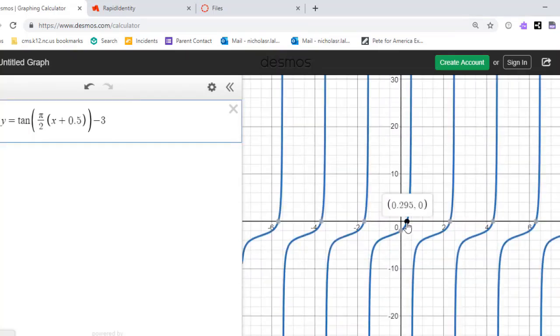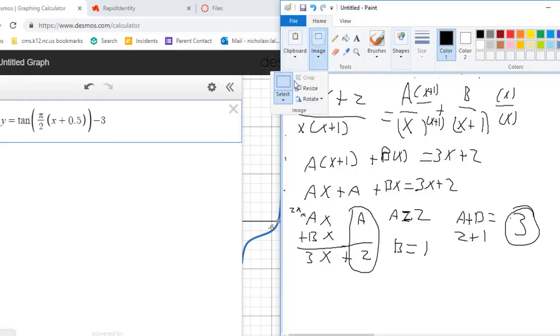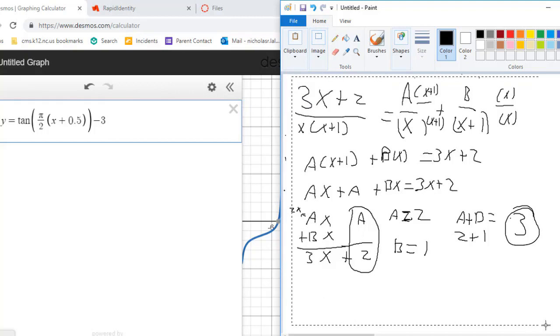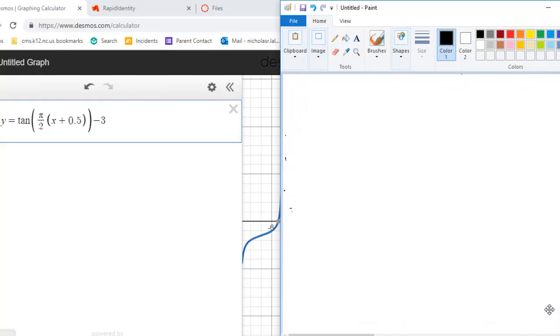You look at the shape, you match it up with the graph, and the one key feature is that the x-intercept is 0.2950. So literally, what you could do is say you graphed it.